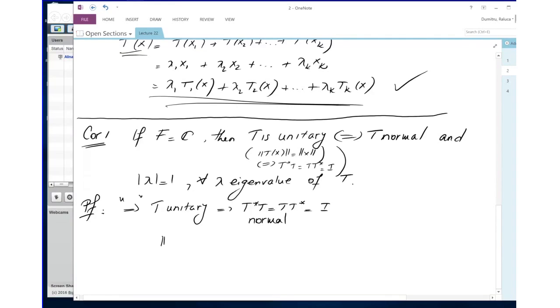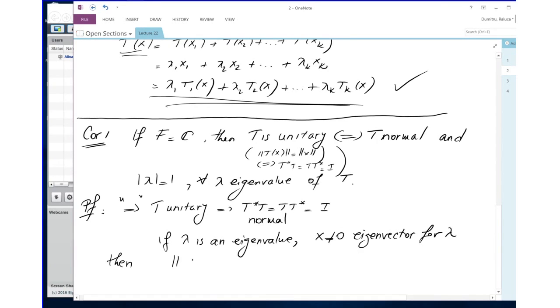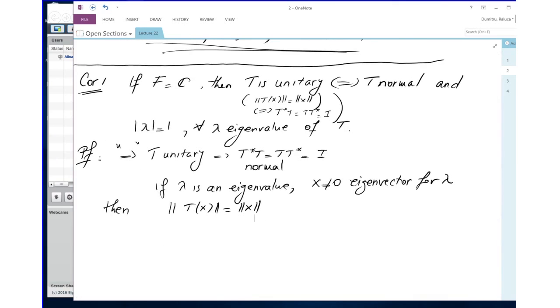And more than that, if lambda is an eigenvalue and x is an eigenvector for lambda, then by being unitary, the norm of T of x is the norm of x. But since x is an eigenvector, T of x is lambda x. A scalar, you pull it out of the norm in absolute value, right?